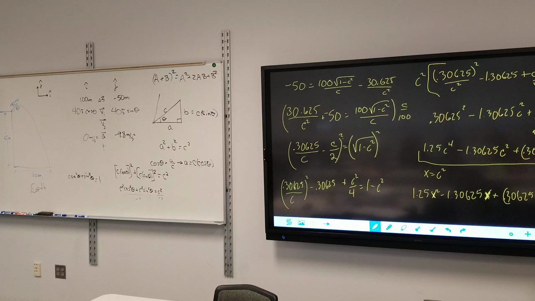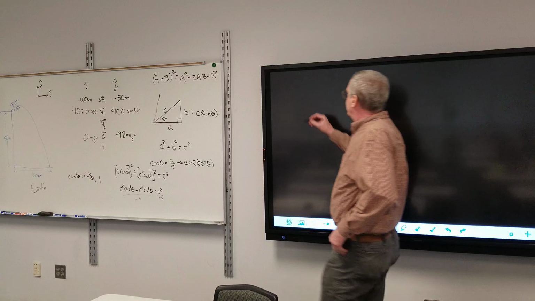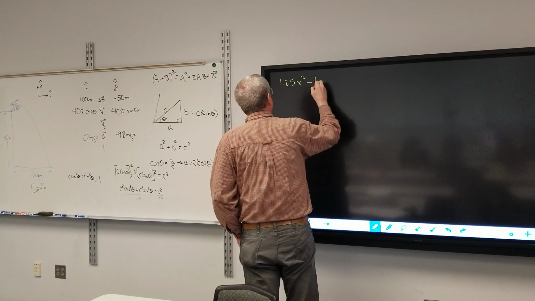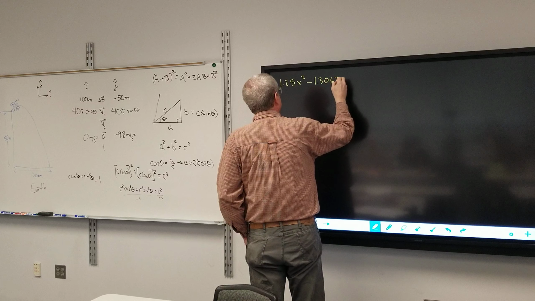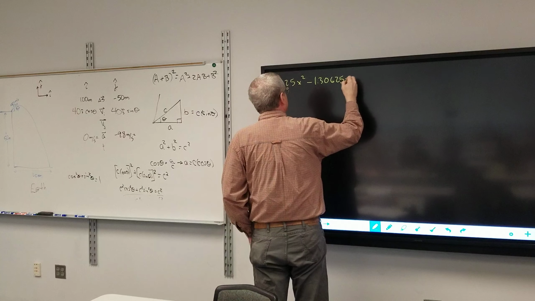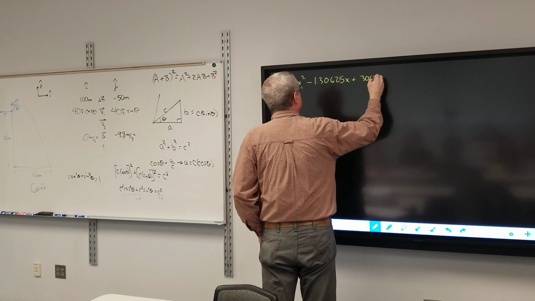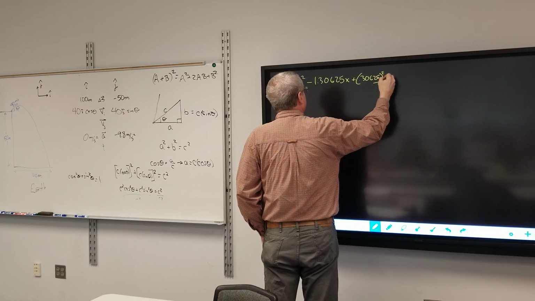So let's go to the next screen. So I have 1.25x squared minus 1.30625x plus 0.30625 squared equals 0.